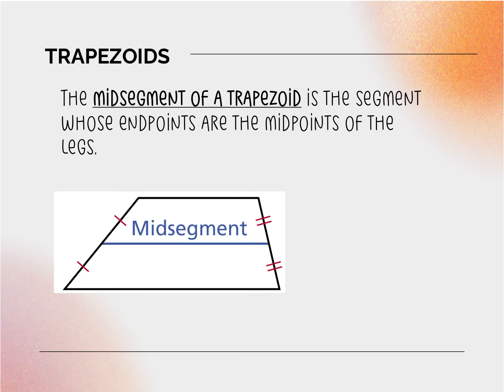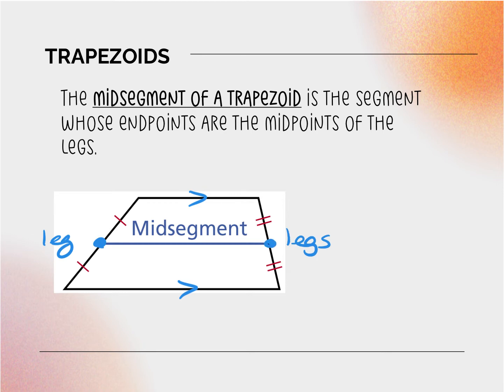Next, we're going to talk about the midsegment of a trapezoid, and this is going to be the segment whose endpoints are the midpoints of the legs. So again, these are our legs. We would have parallel marks here. And this point here is going to be a midpoint on either side.